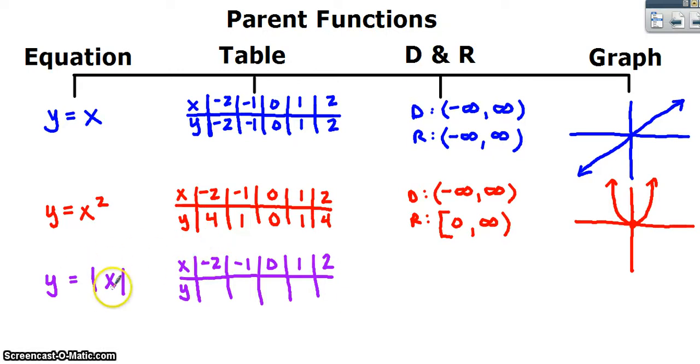And when you plug it into absolute value, it makes numbers positive. So that would be positive 2, positive 1, 0, positive 1, positive 2. So again, you have that kind of mirror effect, but the numbers are a little bit smaller than they are with x squared. Alright, and that's going to produce this type of graph, very similar to the parabola, except they're straight lines, and it makes a V.